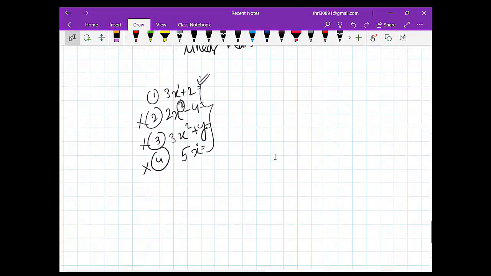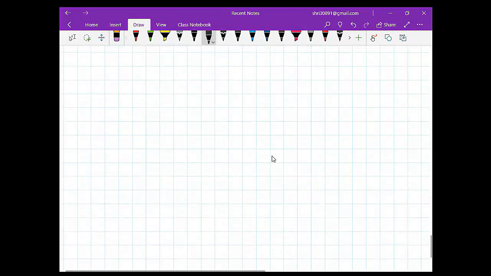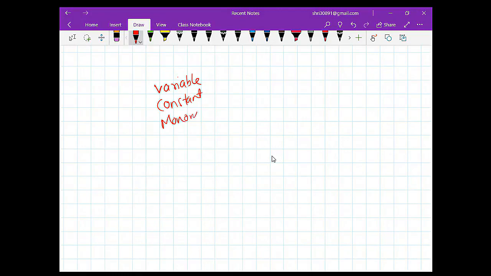We came to know what is meant by variable. What about constant? What about monomial? What about binomial? What is meant by polynomial?